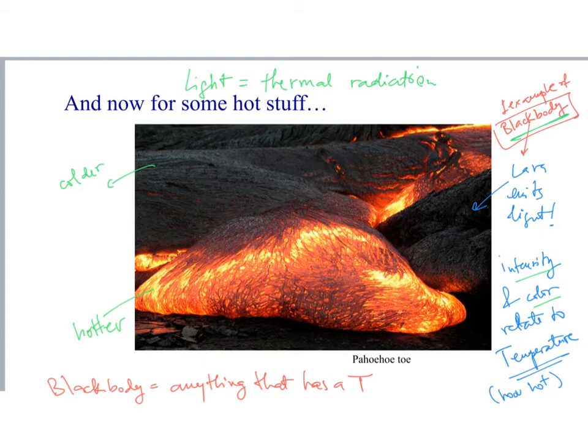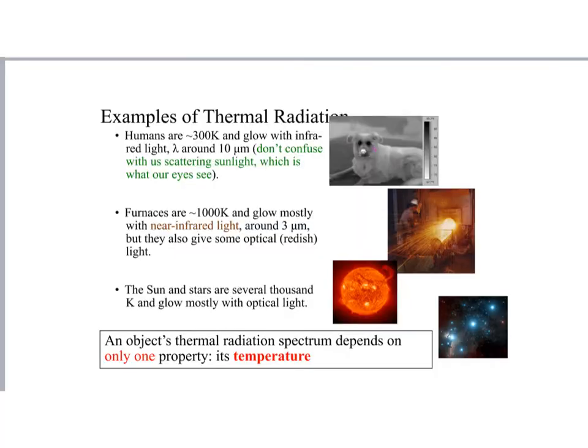So over the 19th century, starting with the beginning of the 19th century, scientists were exploring the properties of heat, and it was discovered that all objects emit heat radiation, and that the intensity and its color depend on the temperature.